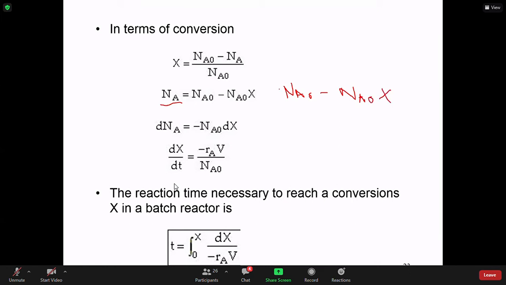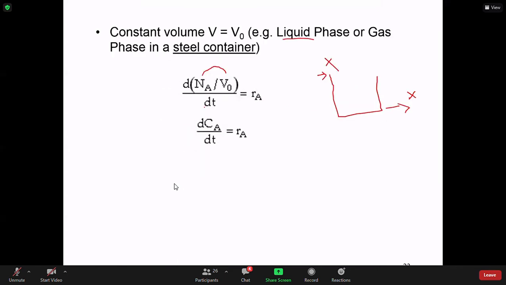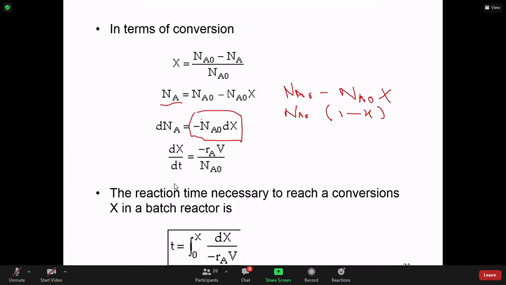So we can simplify this as NA naught (1 minus X). And then you can substitute this into the dNA over dt, and then you will get this.